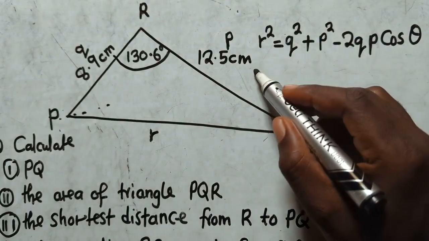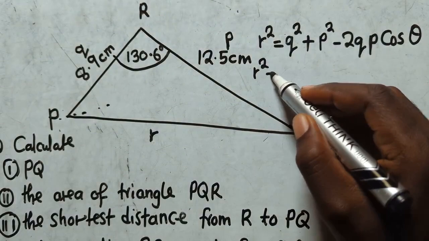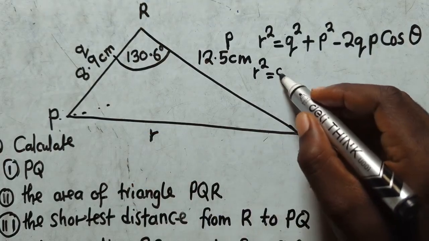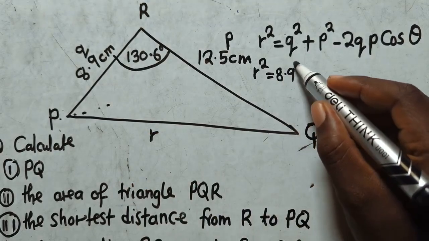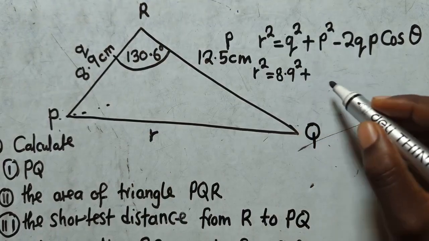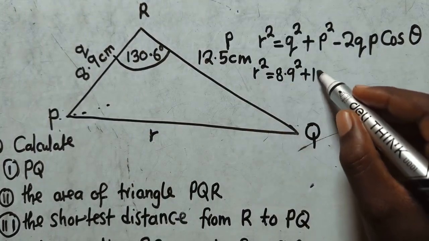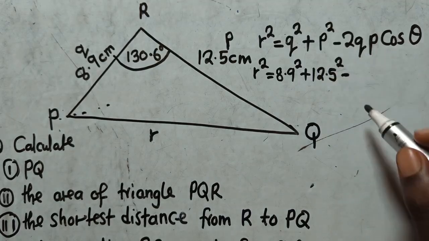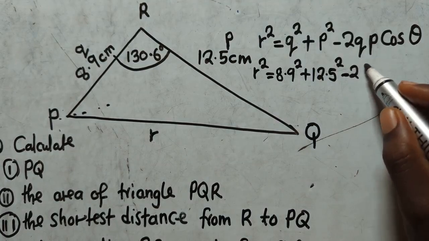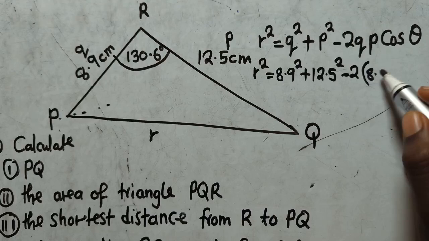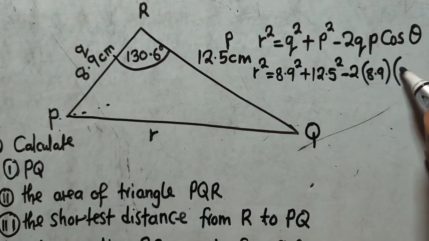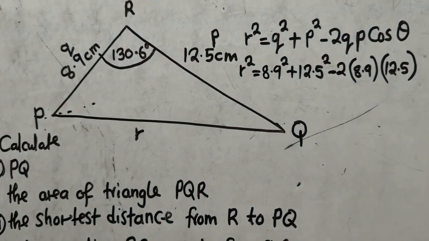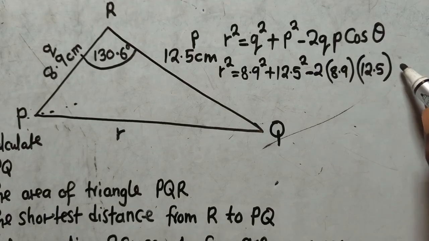Where I'm going to say that r squared is equal to, what is Q squared? Q squared is 8.9 squared, plus what is P squared? 12.5 squared, minus 2 multiplied by 8.9 multiplied by 12.5, then cos of the angle that is given.